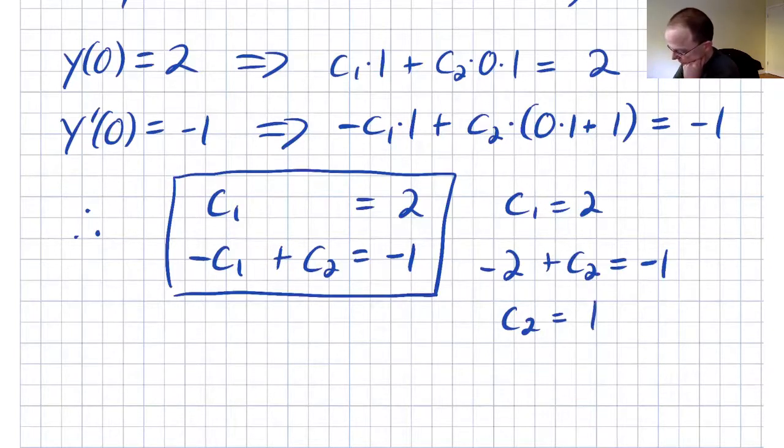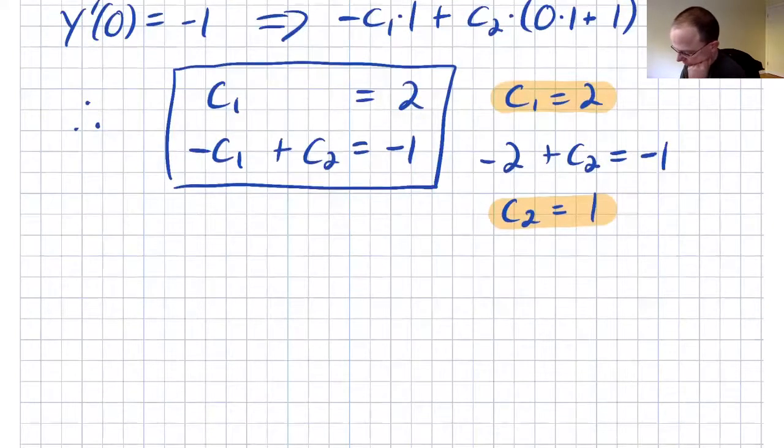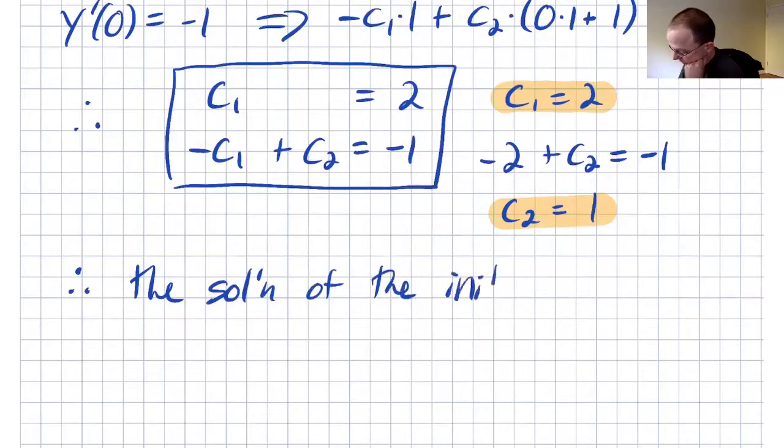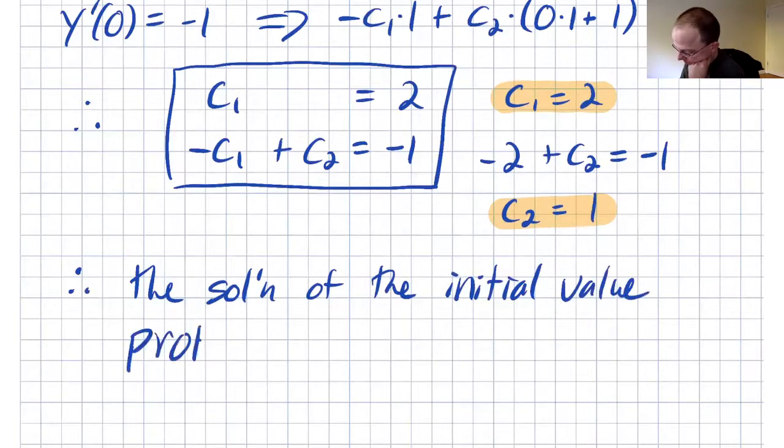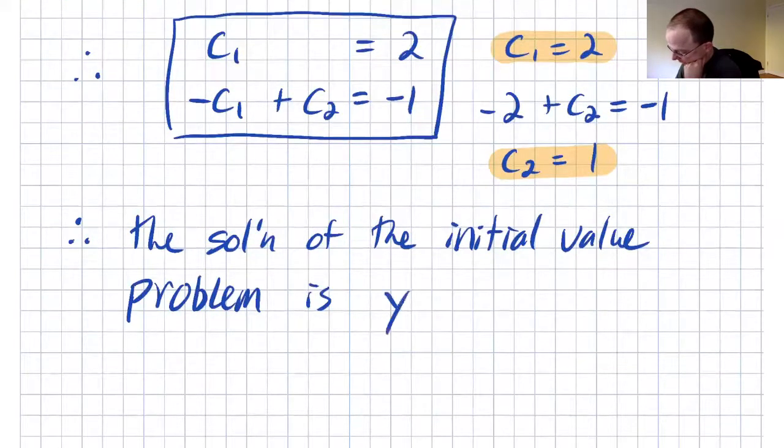So there are our solutions. Right there, maybe I'll do it in orange. There's our C1 and C2. So what is our solution then? So therefore, the solution of the initial value problem is y equals 2 e^(-x) plus 1 times x e^(-x).